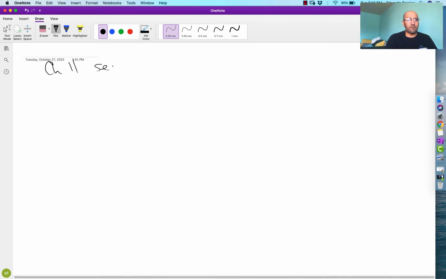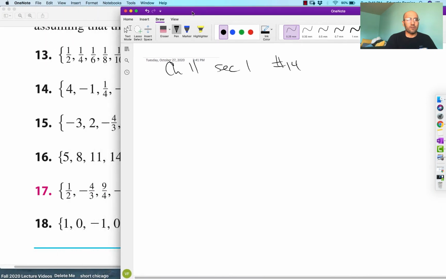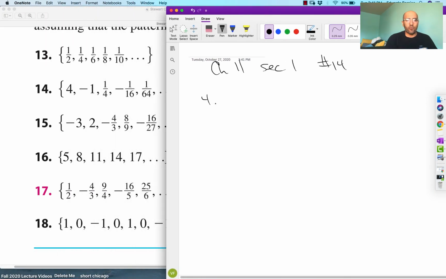Chapter 11, section 1, number 14. So I have a 4 followed by a -1, followed by a 1/4, followed by a -1/16, followed by a 1/64, dot, dot, dot.